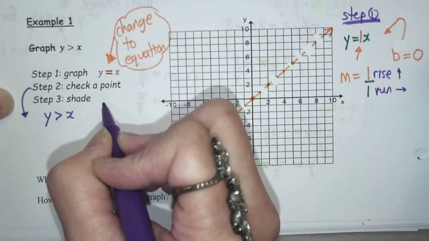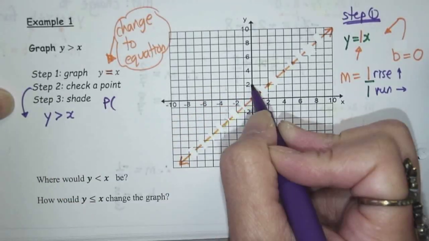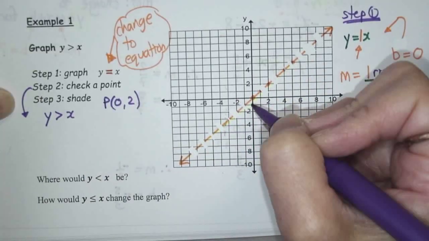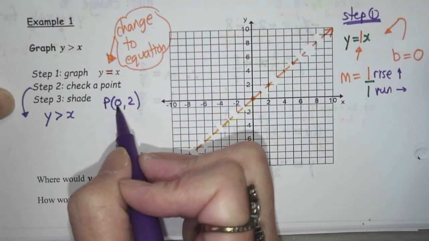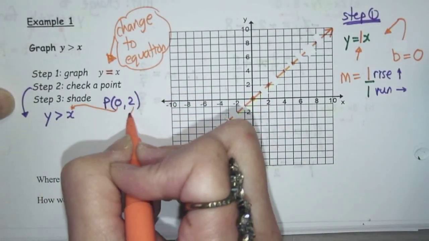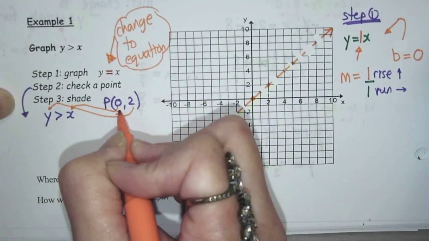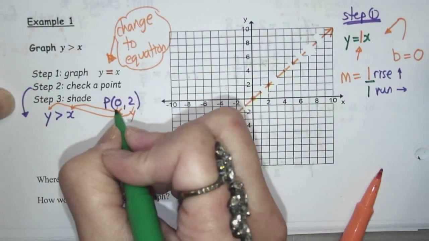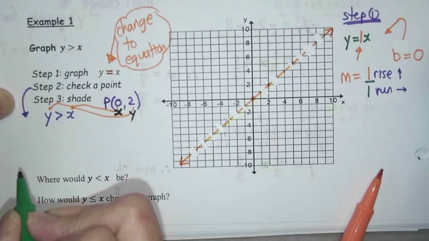So I'm going to check a point, say 0, 2. I want to know if I should shade towards the 2 or down away from the 2. So this goes in for your x, and this goes in for your y. So you sub it in.